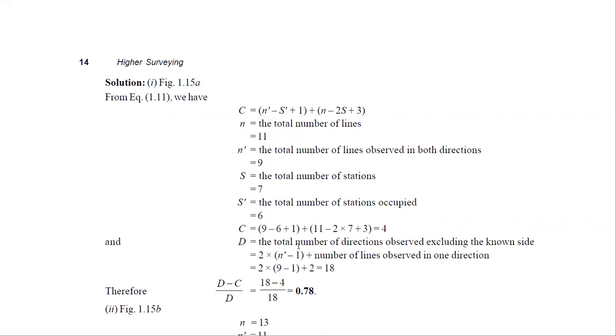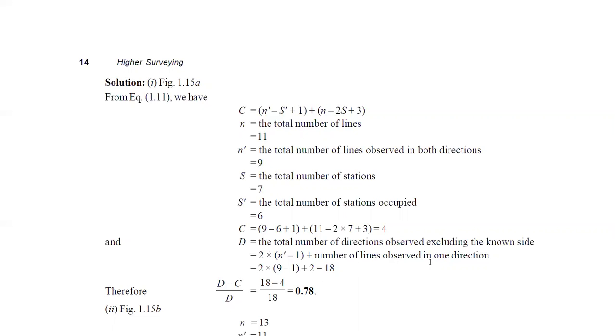D will be the total number of directions observed excluding the known side, and that will be 2 times (n dash minus 1), plus the number of lines observed in one direction.